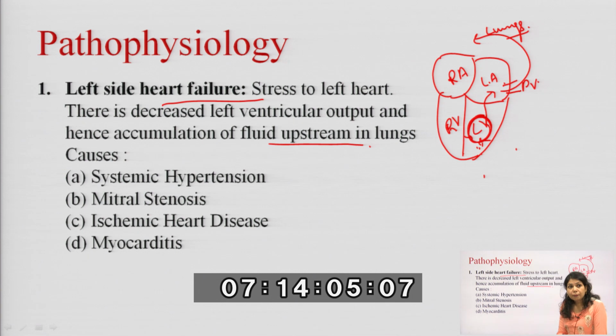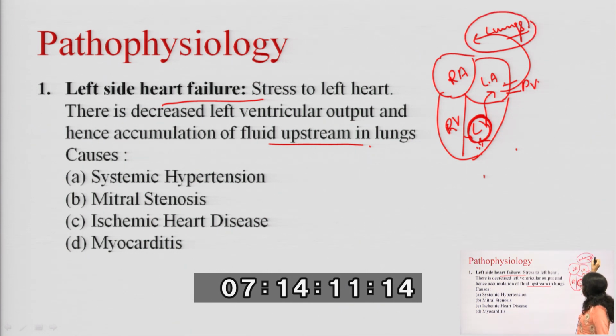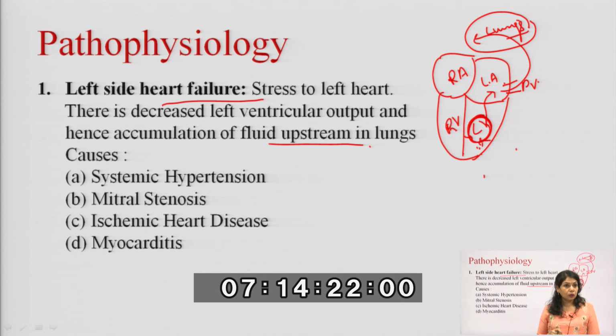So, what will happen? There is accumulation of fluid upstream in the lungs, and that leads to congestion in the lungs, and hence the term congestive heart failure. You understand the concept now? The left side is not functioning properly.